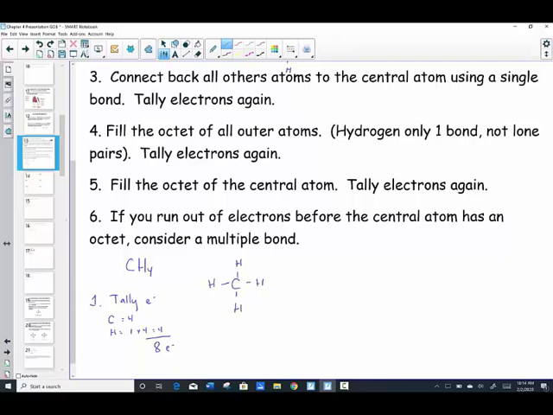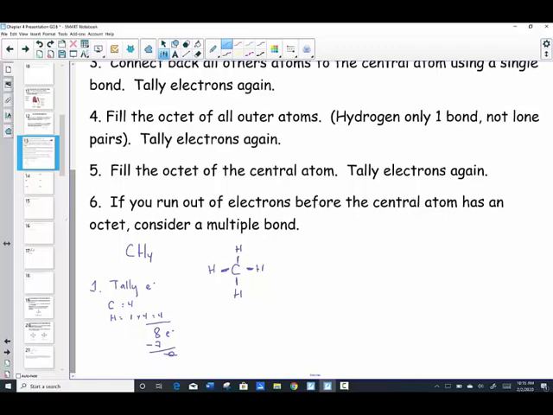Remember, each shared pair is 2 electrons, so we used 1, 2, 3, 4, 5, 6, 7, 8. 8 electrons were done. Now what's nice is with this very first simple example, we drew a molecule that quite simply satisfied the octet. I ran out of electrons, all done.